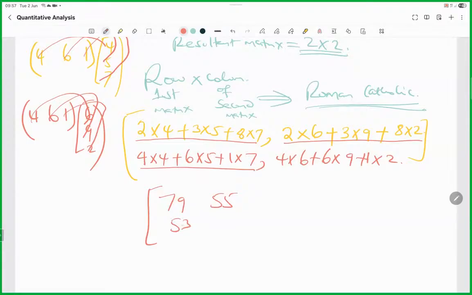And lastly, we have 8. You can see these are 2 by 2. We said the resultant one will be a 2 by 2 matrix. That's what we said.